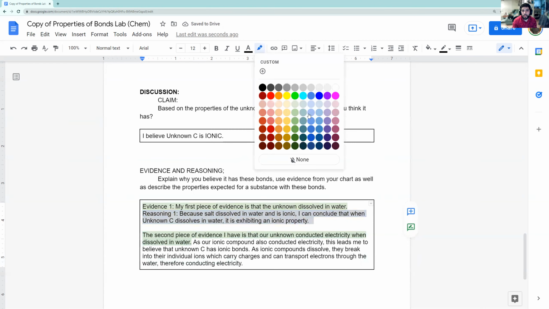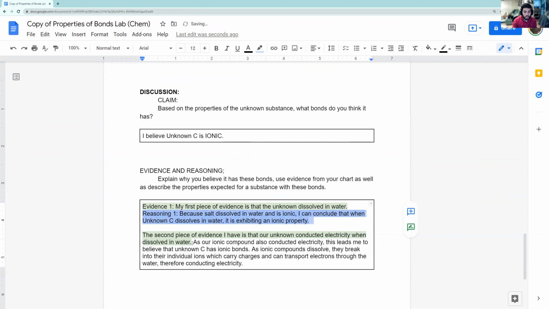I don't know, I'm feeling blue. You'll notice reasoning 2 has a lot more to it because when you have scientific principles that can back up your evidence, you want to input those in your argument. It shows that you understand what's actually going on, and you can relate it back to a scientific principle that also backs up your argument.